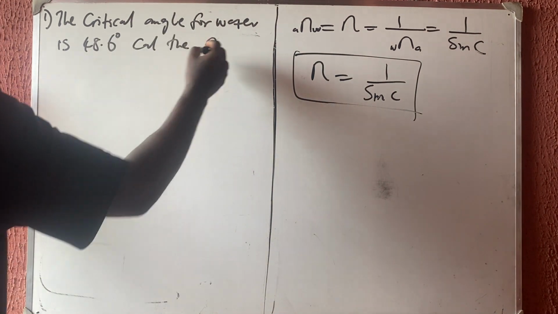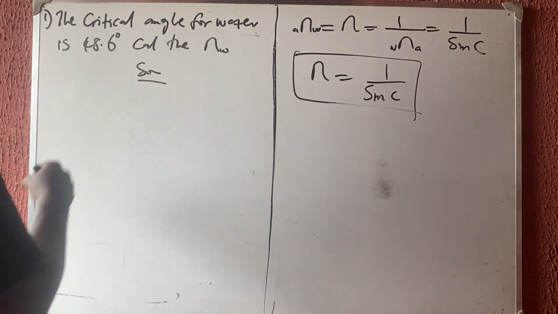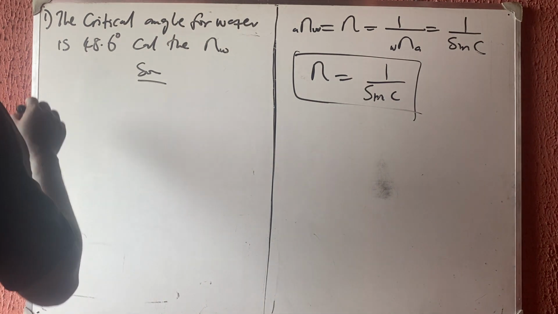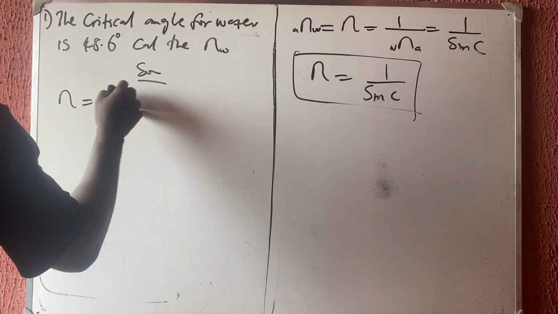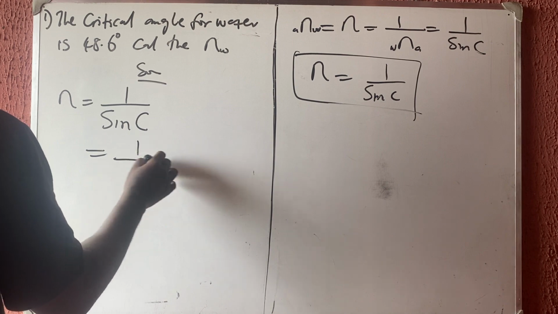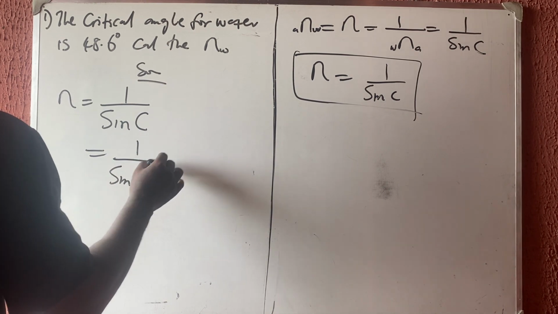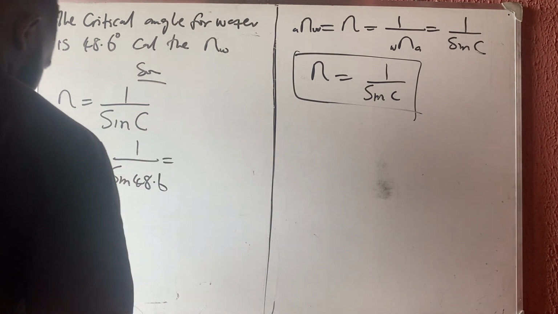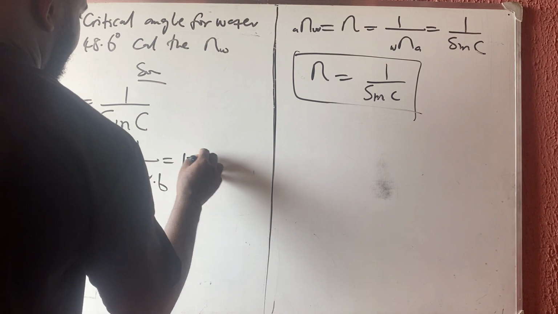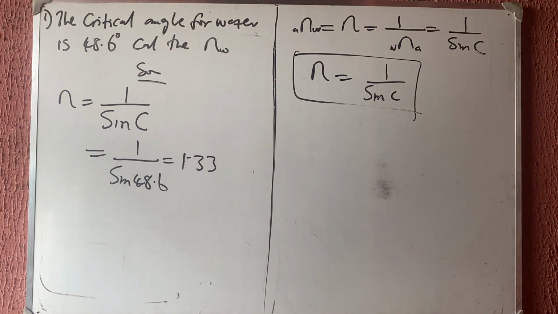Solution: if they say refractive index of water, you know that it comes from air to water. So refractive index is equal to 1 over sine C, which is 1 over sine 48.6. So I'm having 1.33 as my answer.